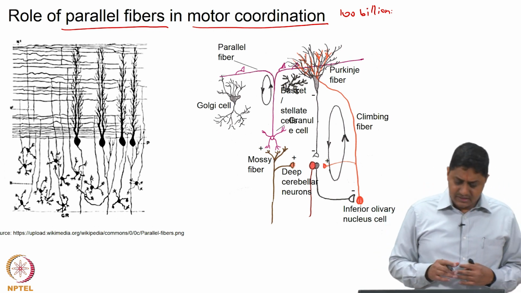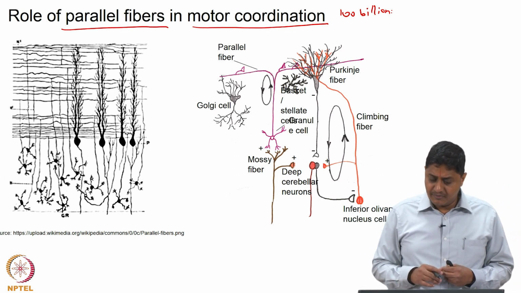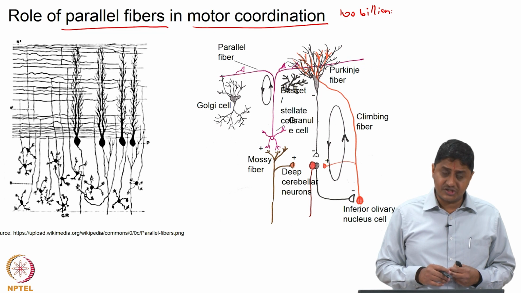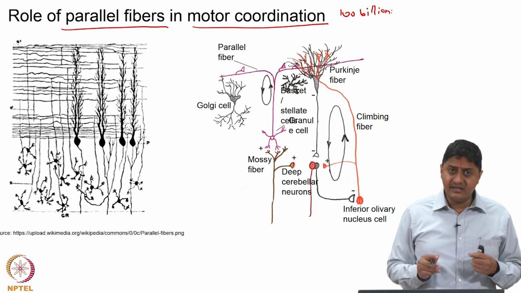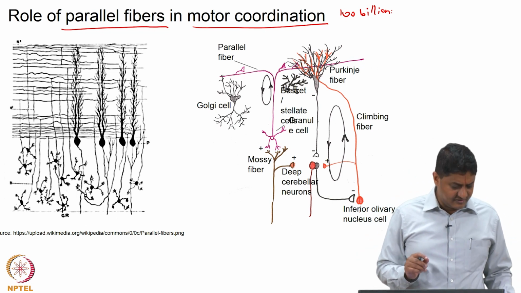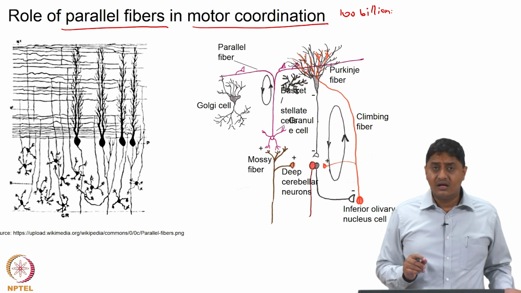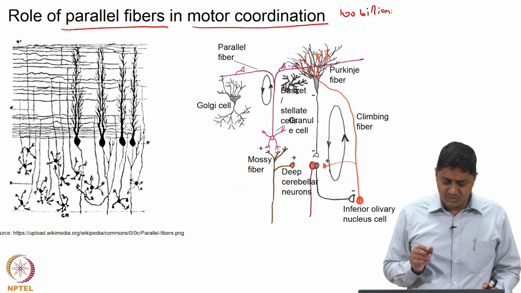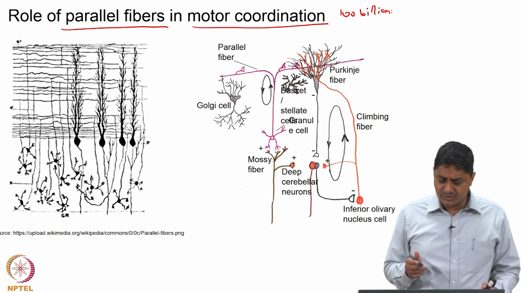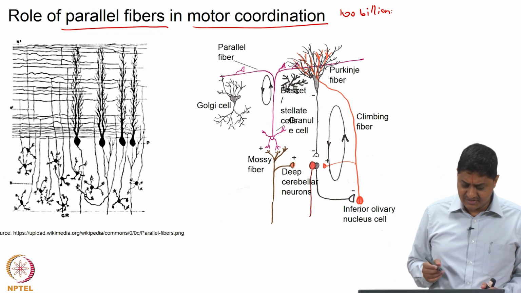It turns out that recording from Purkinje cells during activity in live behaving animals, and by selectively perturbing the system, for example by cooling, has taught us a few lessons about the possible role of these systems.